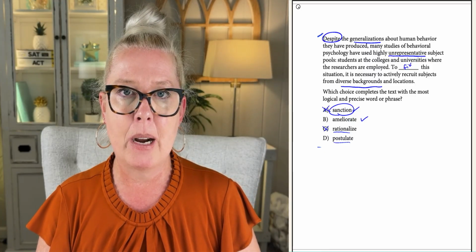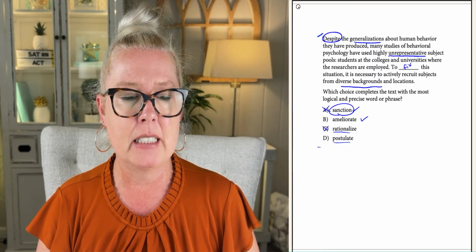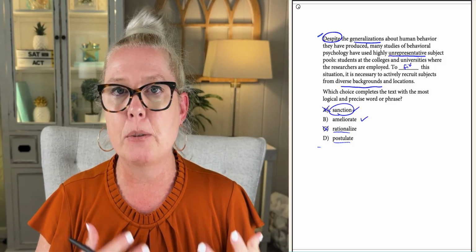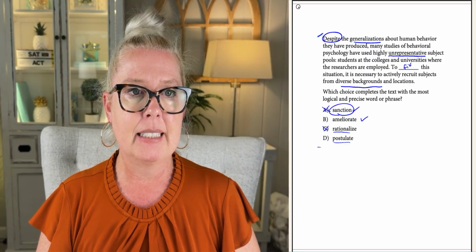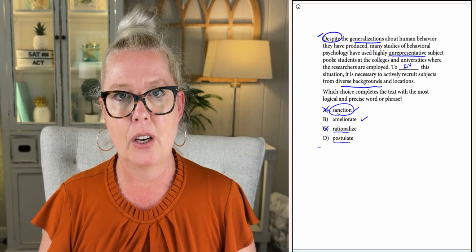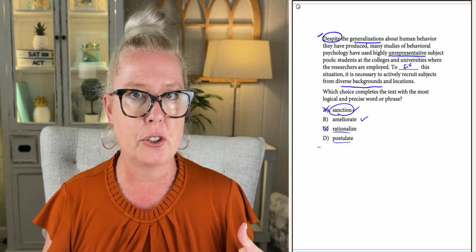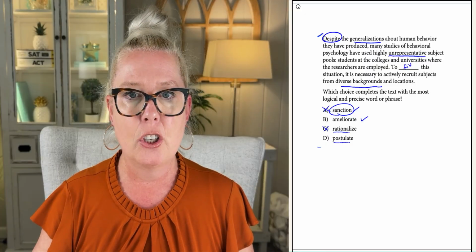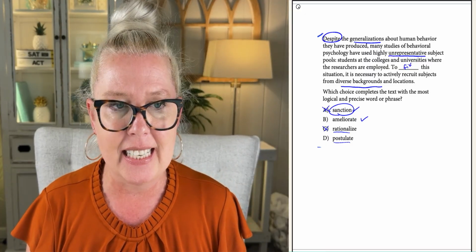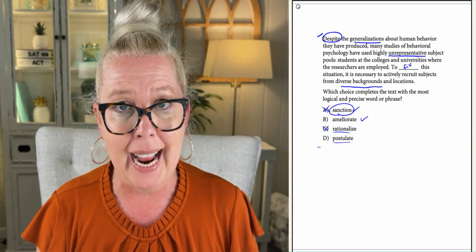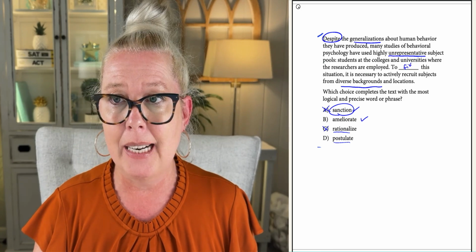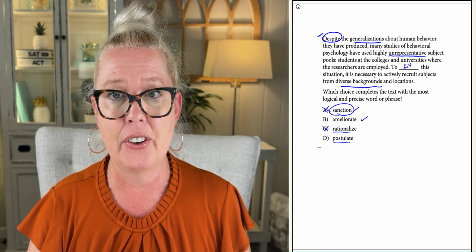Postulate is another form of postulate from geometry. That just means a rule. Basically, none of those have anything to do with altering it, changing it, going out, thinking like fixing the problem. So therefore, it would have to be B just because we eliminated all of the other answers.